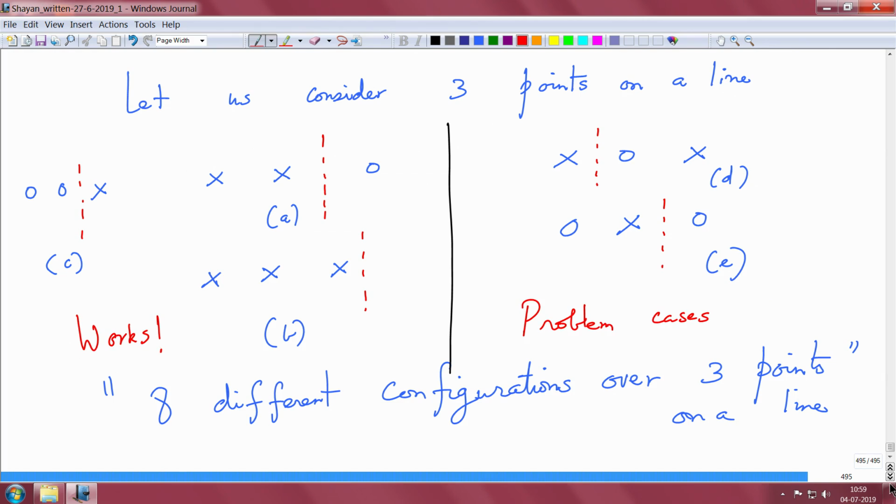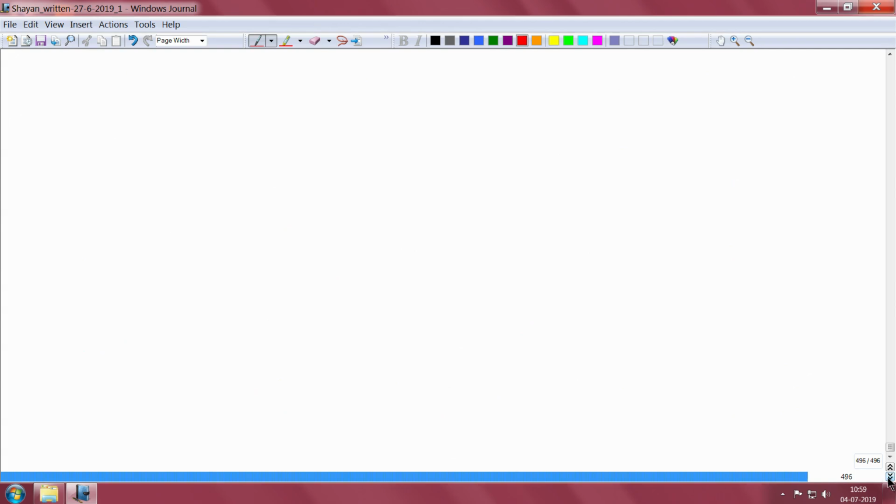Okay. Now let us build upon this intuition. Let us play this game over points on a plane, right. Now we have all the possibilities on a plane, but let us consider some possibilities to get a feel for our intuition here, right.